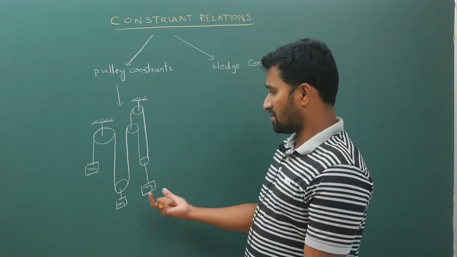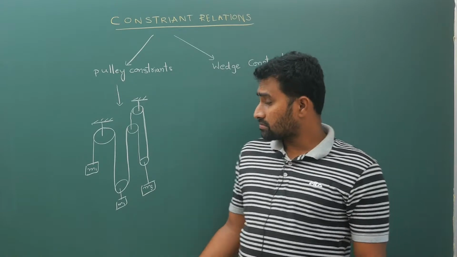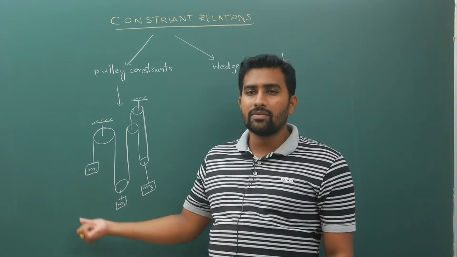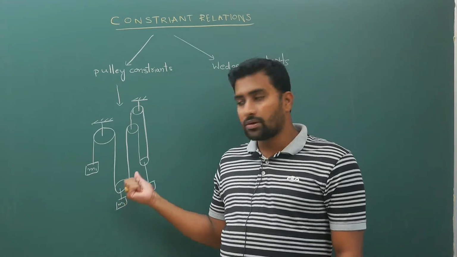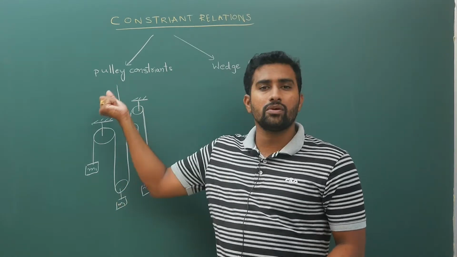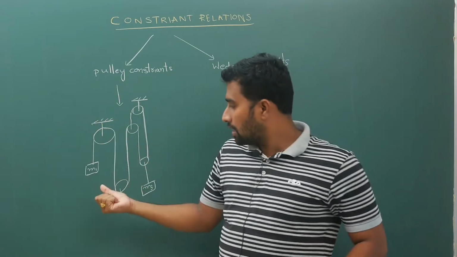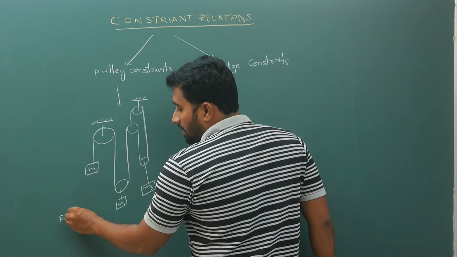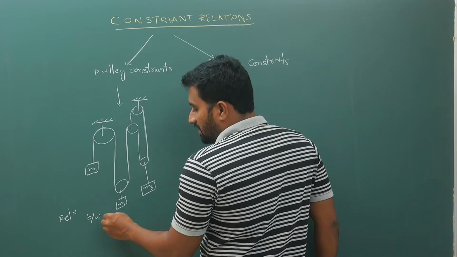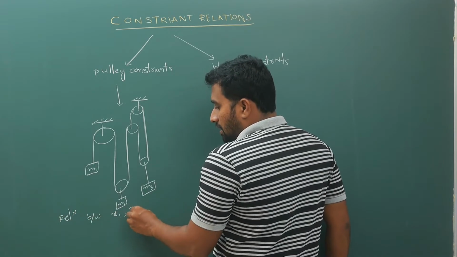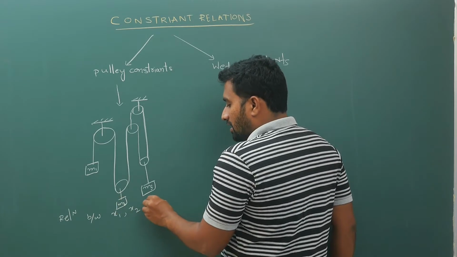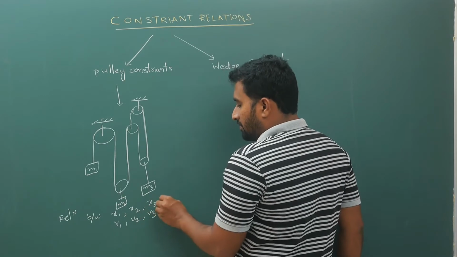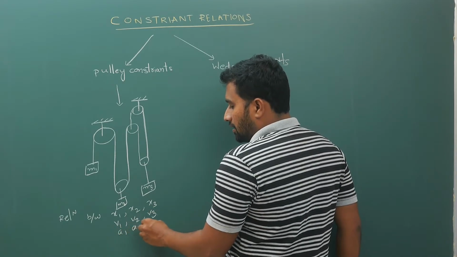If you simply look at this figure and I say m1 is heavy, you do not know whether m1 will come down or m2 will go up or down. You will not have any idea. But if you understand constraint relations, you can give relations between the displacements x1, x2, x3, between the velocities v1, v2, v3, and the accelerations A1, A2, A3.